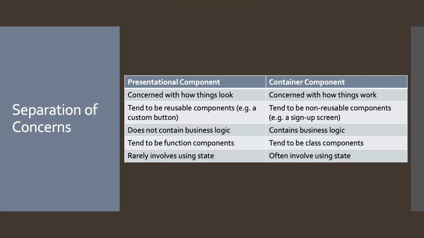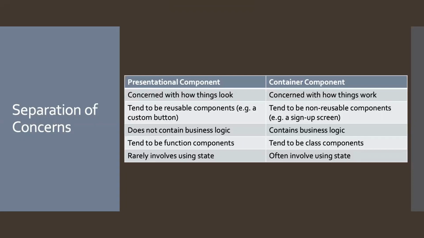So presentational components tend to be reusable components. So for instance, if your app has a custom button that's being used across the entire app, you want to put that in the presentational component because that's going to be reusable. And also, presentational components tend to be function components because they have no state.